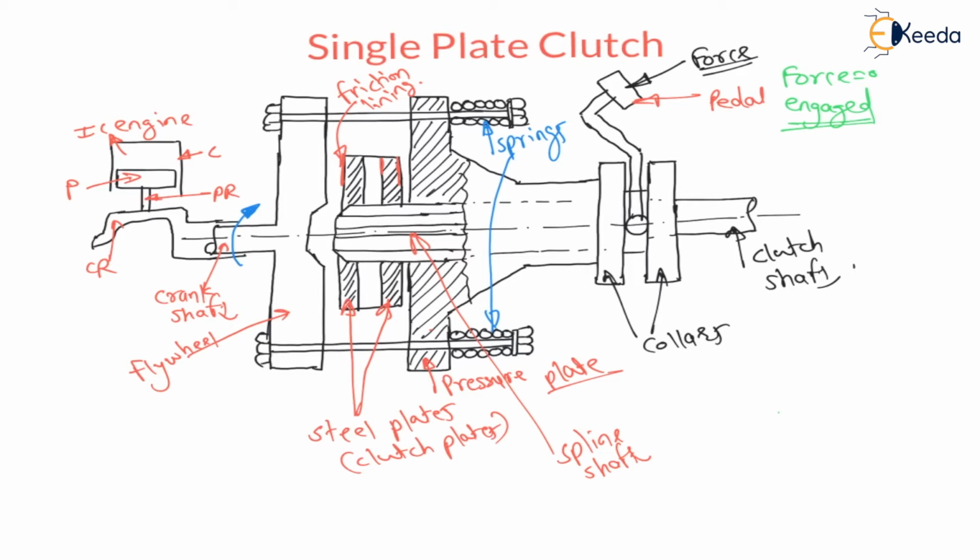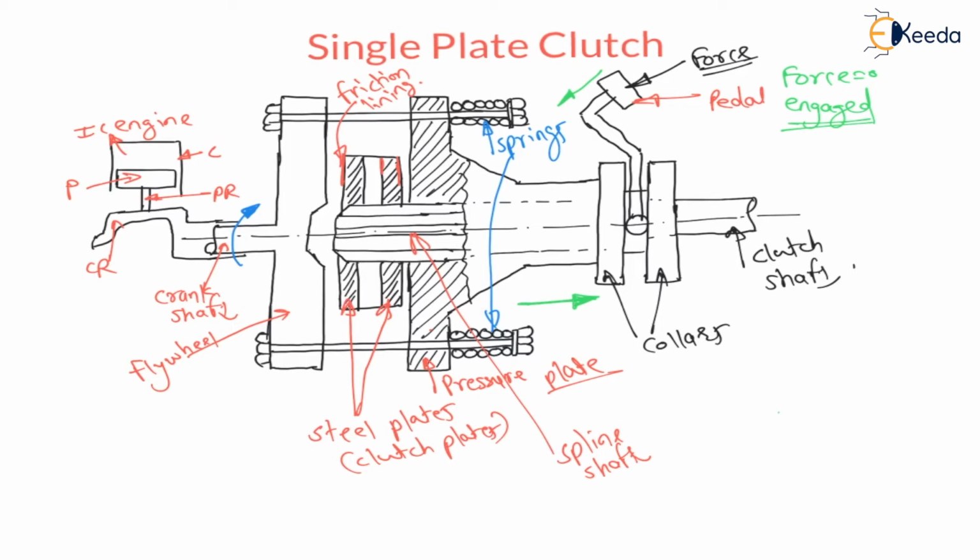Now whenever force on the pedal is applied, if I apply force on the pedal, then the motion of the pedal will be like this. This pedal will move downward, and if this pedal moves downward, these collars or springs will move towards the right.